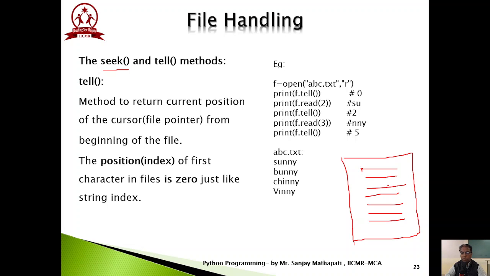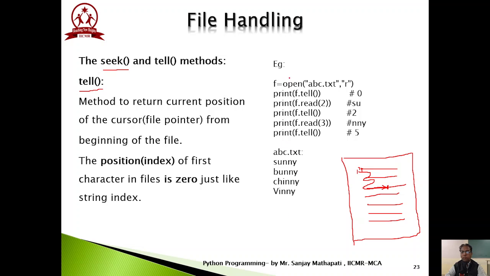When the file pointer is located at this particular position and I use the f.tell method, it will tell the difference from the beginning of the file to the current file pointer position, how many characters are there. For that we use the method called tell.